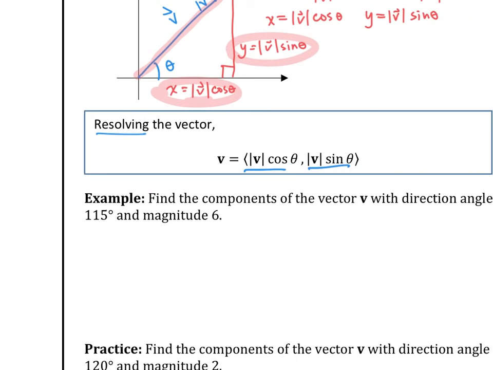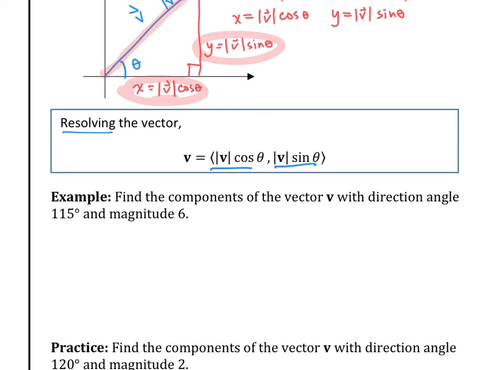Find the components of vector v with direction angle 115 and magnitude 6. So the components means find the x and y. So you know this vector is going to have this angle and this magnitude. So you can just use the formula.